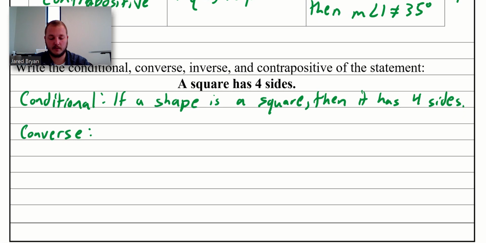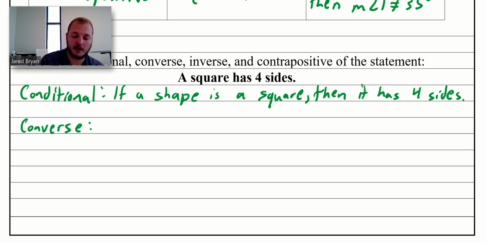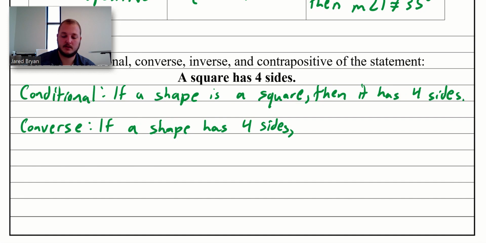But in any case, the converse is I just switch those 2. So now I'm going to say if a shape has 4 sides, then it is a square.